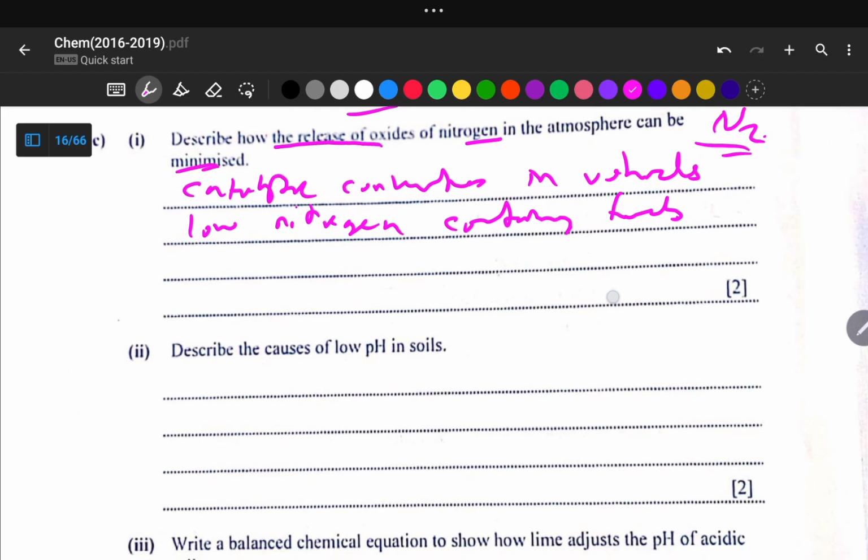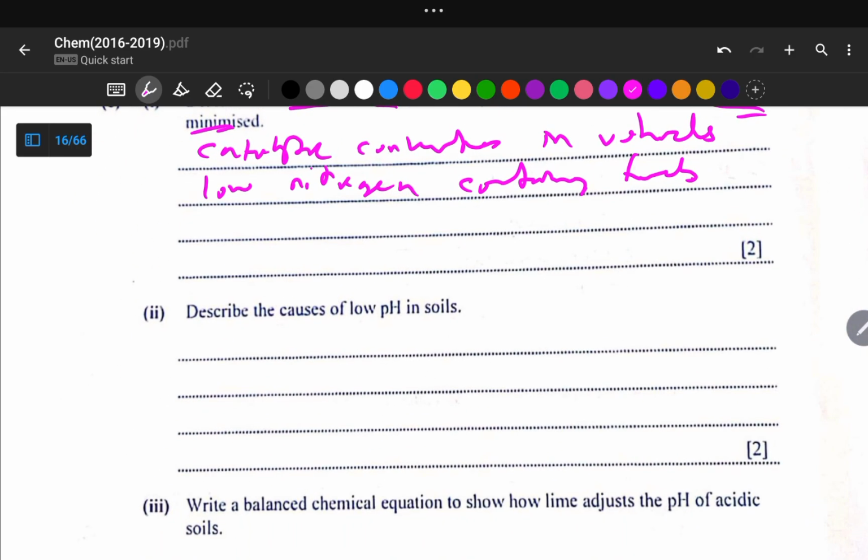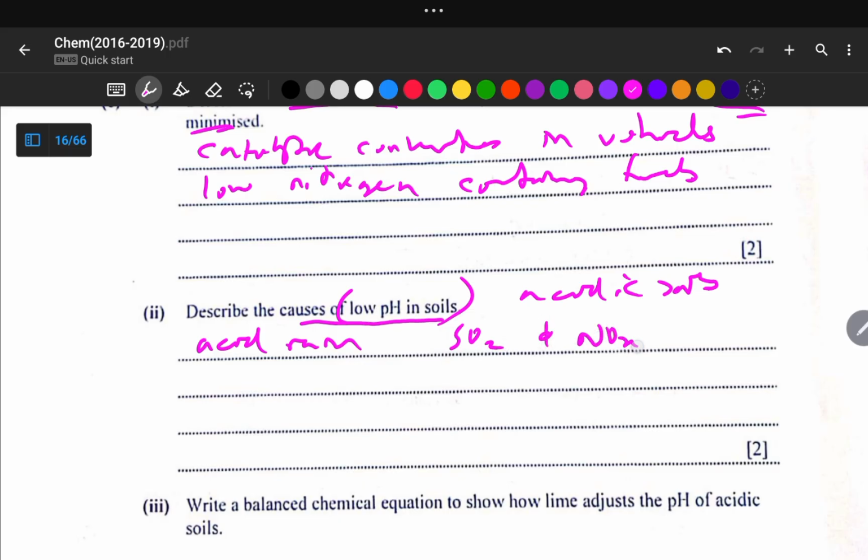And then the next question says, describe the causes of low pH in soils. So describe the causes of acidic soils. That's the question, right? So acidic soils are caused mainly by acid rain. So we are having acid rain caused by emission of sulfur dioxide and nitrogen oxides from the industries.